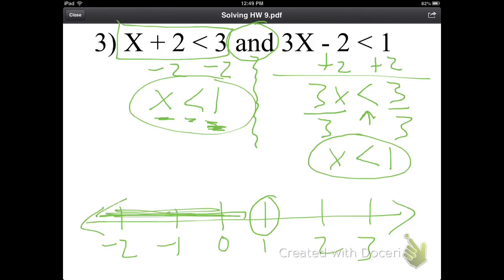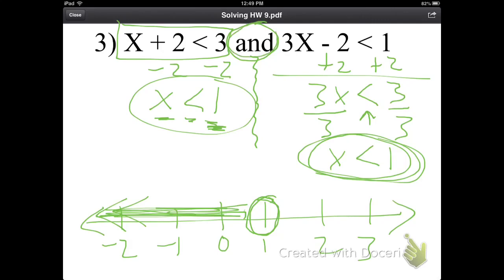Shade, shade, shade. Put an arrow there on the end. And that keeps going. So my right solution is exactly the same. If I were to graph it, you'd put another circle there, and then you shade it again. Really only have to put it down once, but notice that it's there twice.